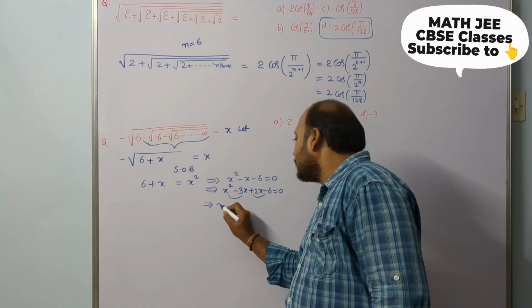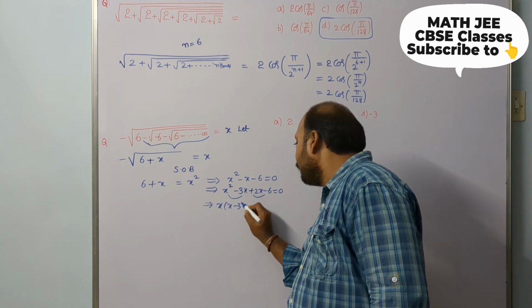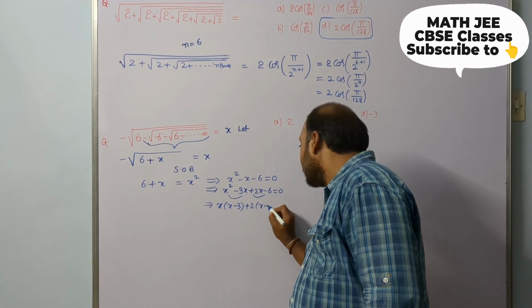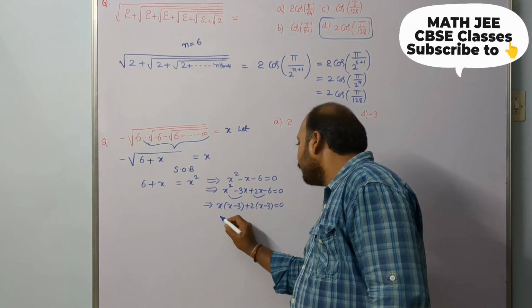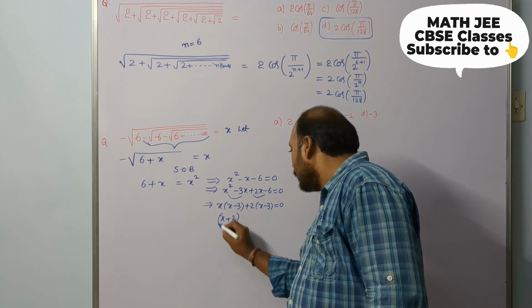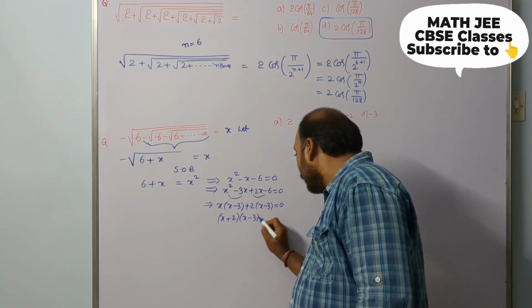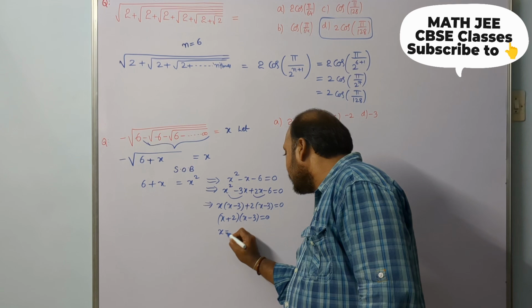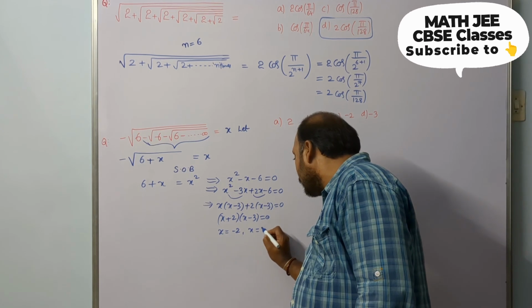That implies x into (x minus 3) plus 2 into (x minus 3) equal to 0. Now (x plus 2) into (x minus 3) equal to 0. Therefore x equal to minus 2, x equal to 3.